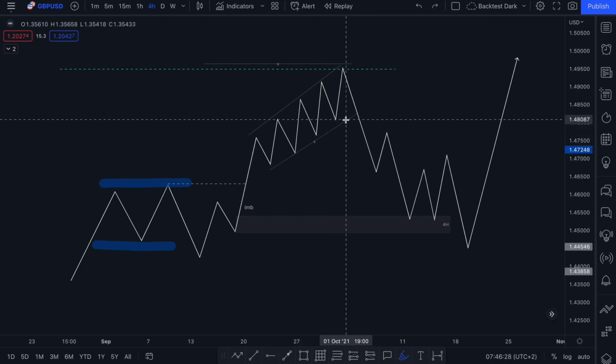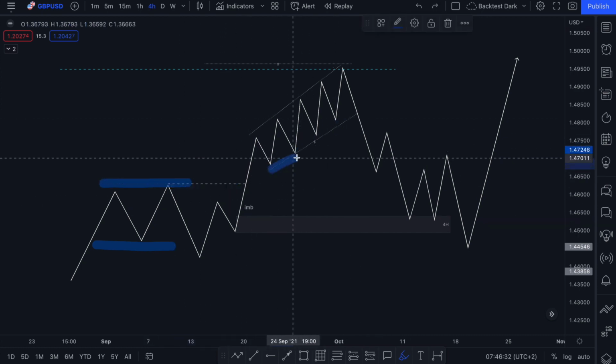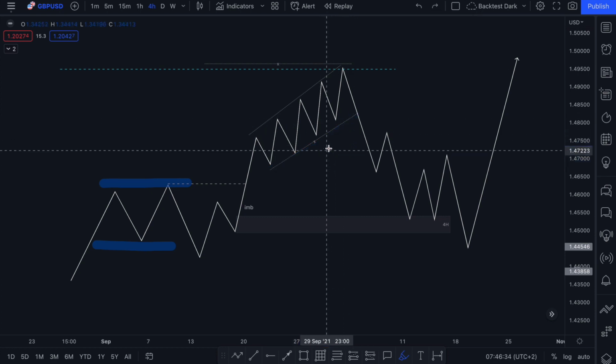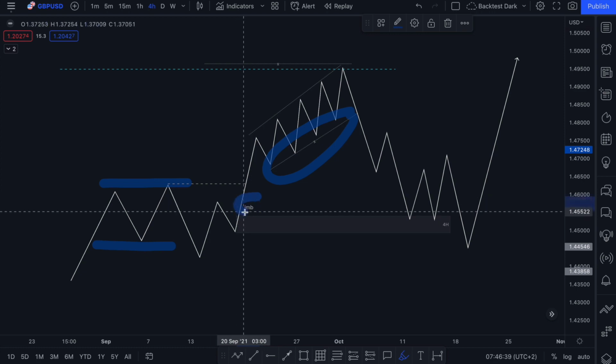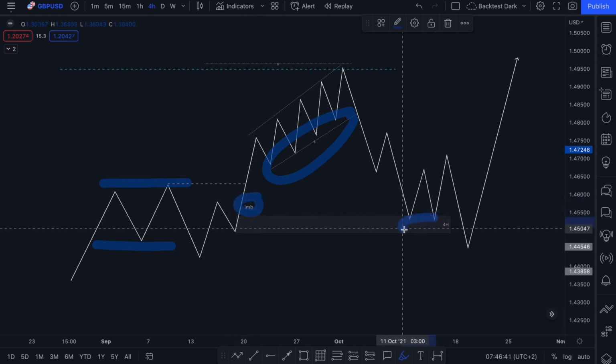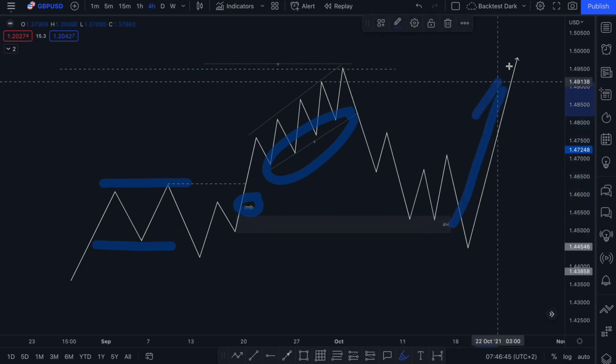Okay, so they've seen a valid break of structure to the upside. They've seen liquidity that's forming, so they're anticipating this liquidity to be taken as price action comes in to fill this imbalance. Then they're looking for a mitigation of a 4-hour zone before price action then continues higher.